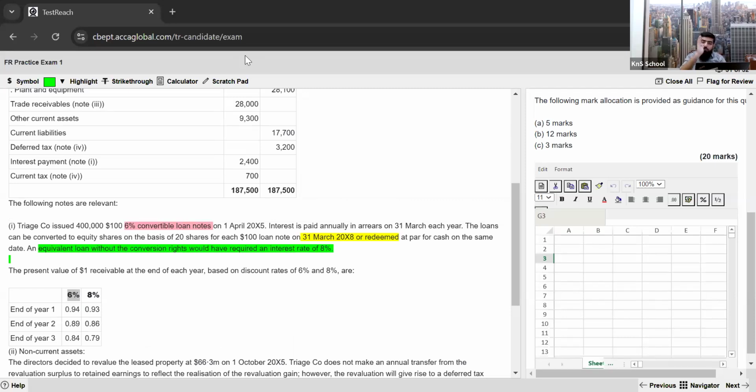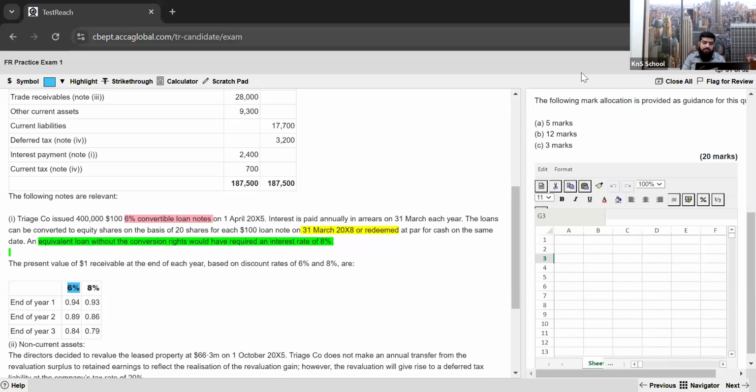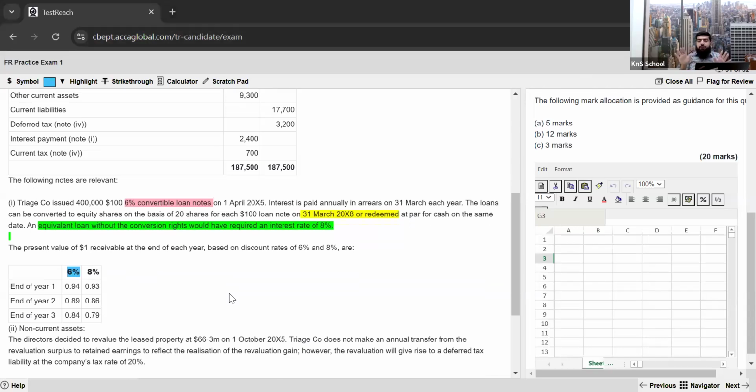Very good. Because we need the discount factor for the effective rate, that is the market rate. So the 8% discount factors are relevant and the 6% discount factor is irrelevant. So we need to consider that 8%. How? We will see it. Don't worry. So that was the first adjustment.